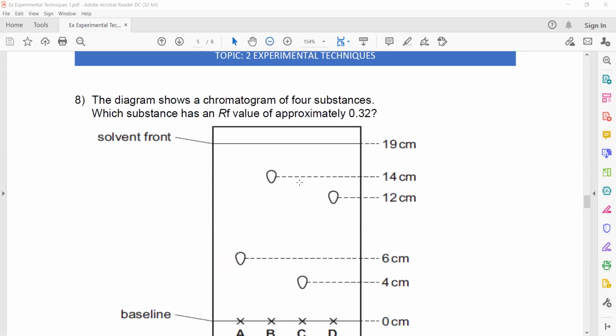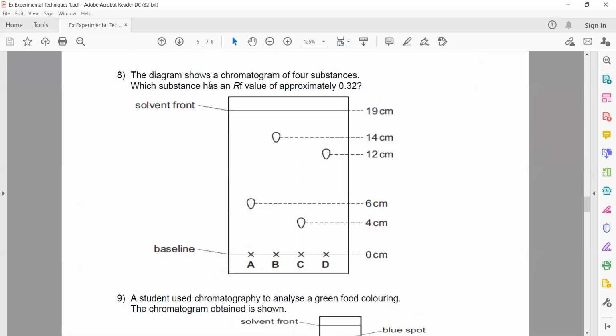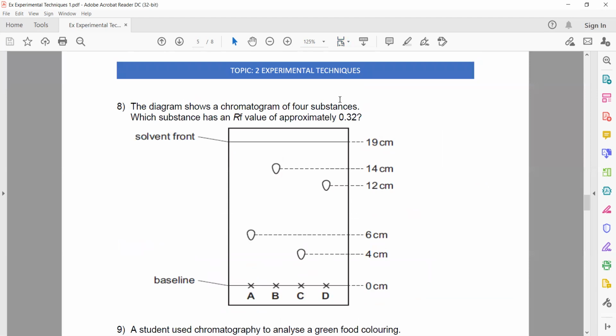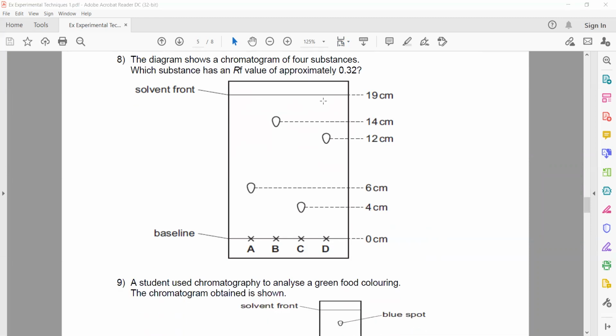In question 10, the diagram shows a chromatogram of four substances. Which substance has an RF value of 0.32? How do you work out the RF value? RF value is the distance moved by the spot divided by the distance moved by the solvent.